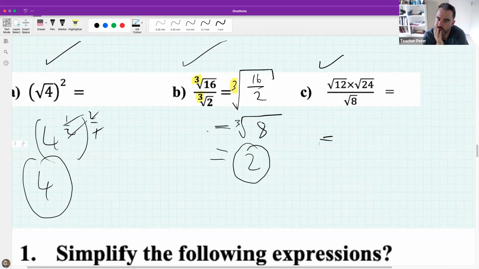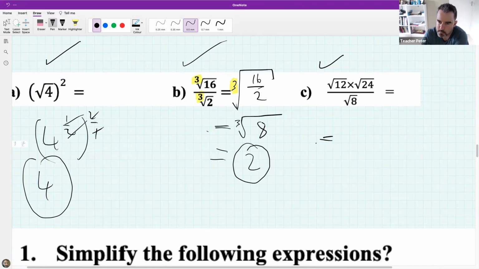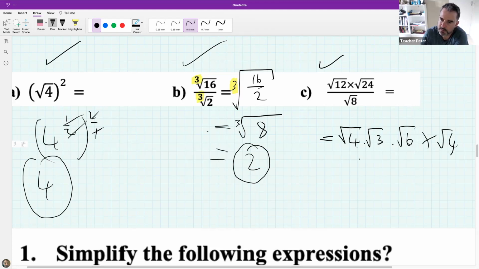So one way of doing it says go square root 4 times square root 3 times square root 6 times square root 4 over square root 2 times square root 4.